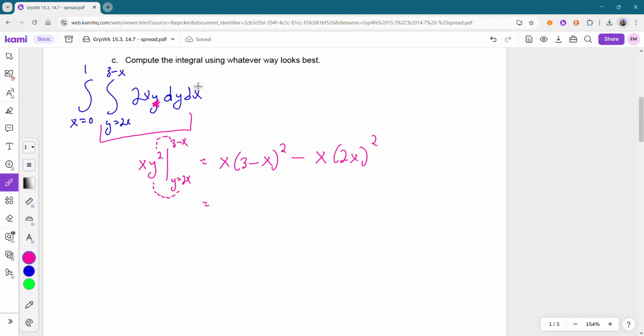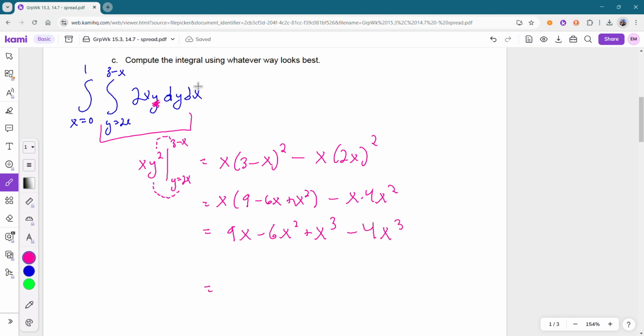And if we work this out, x times 9 minus 6x plus x squared minus x times 4x squared, and we distribute that: 9x minus 6x squared plus x cubed minus 4x cubed.